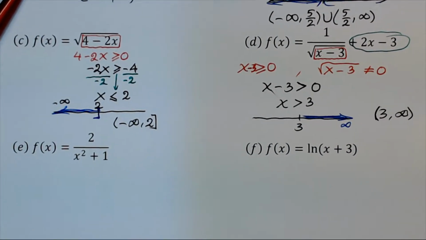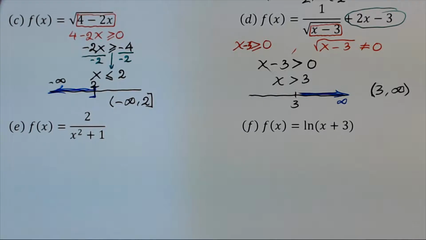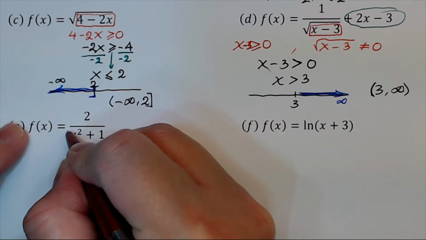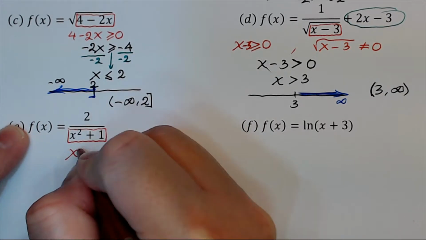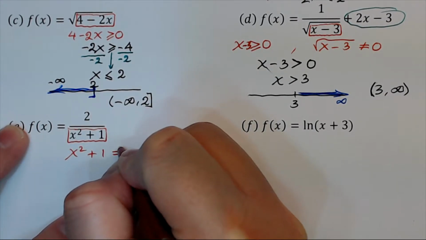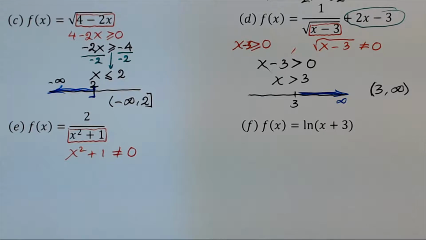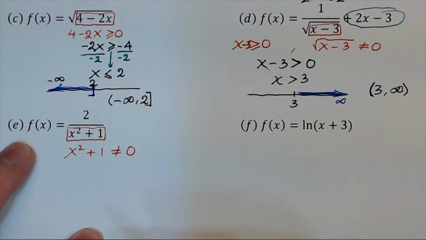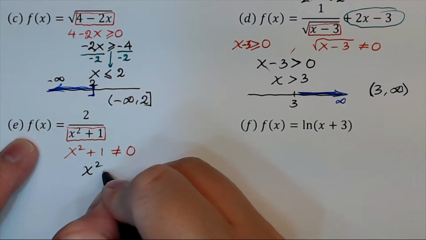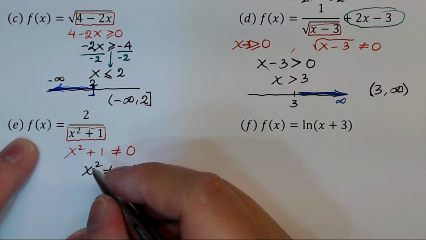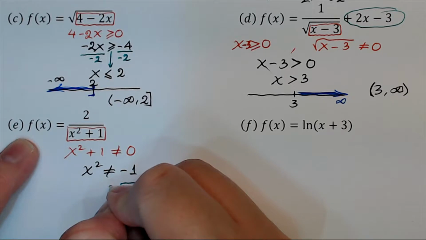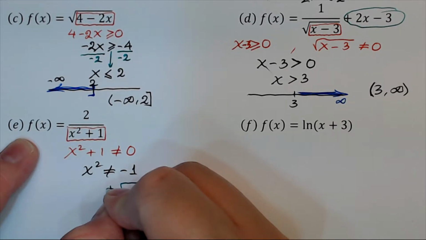Right, there are two more here. This is the problem where the denominator cannot equal 0. So we solve, subtracting 1 on both sides, x squared not equal to negative 1, and then we take the square root on both sides. When we do that, we always have to have the plus or minus.